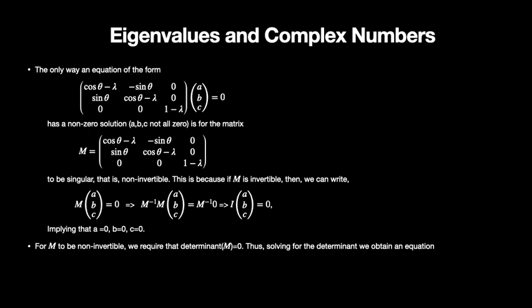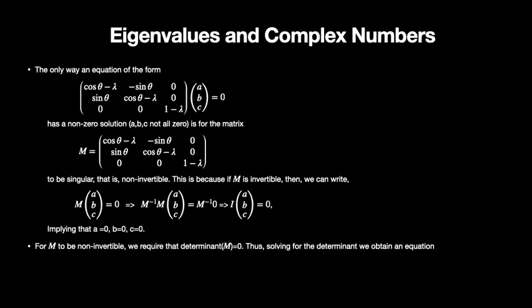The way we ensure that a matrix is non-invertible, which is sometimes also called singular, is for the determinant of that matrix to be 0, because a matrix whose determinant is non-zero can be inverted. So if we can ensure that the determinant of matrix M is equal to 0, it will ensure that the matrix is non-invertible, and then we have a shot at figuring out the choices for ABC which are non-trivial, which are not all 0.